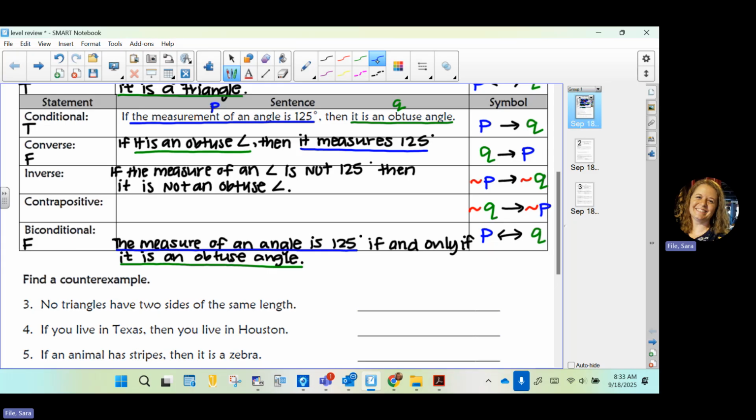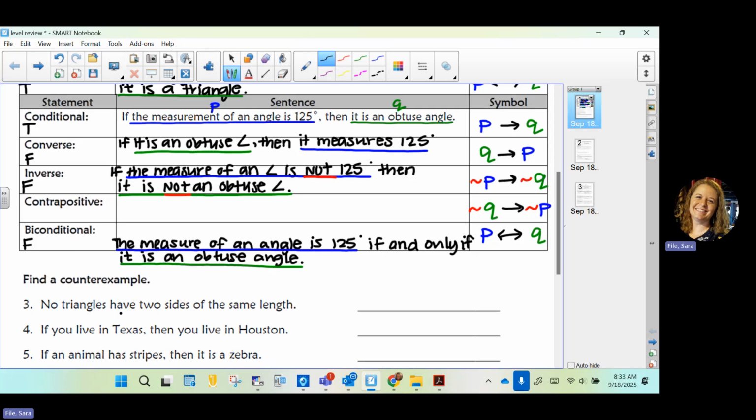So I kept my P at the beginning, the measure of an angle, but I added the not. Then it is an obtuse angle, but I added the not. So if a measure of an angle is not 125, then it is not an obtuse angle. That is false. If the measure is not 125, it could still be an obtuse angle, right? Could be 130, 150, anything between 90 and 180 that's not 125. It's a lot of possibilities. So that's a false statement.